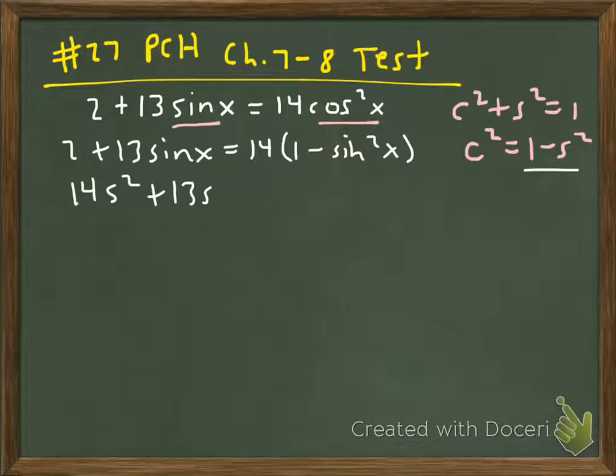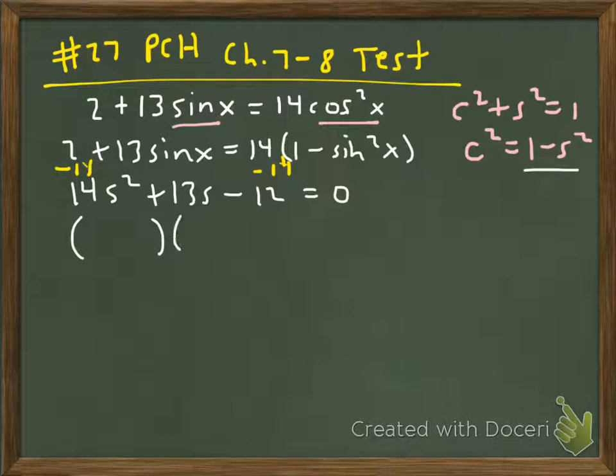Every time I have a sine, I'm just going to write s. And then we have a plus 14 here, and I'm going to subtract that from both sides. So we subtract 14 from both sides, and we get a minus 12, equals 0.